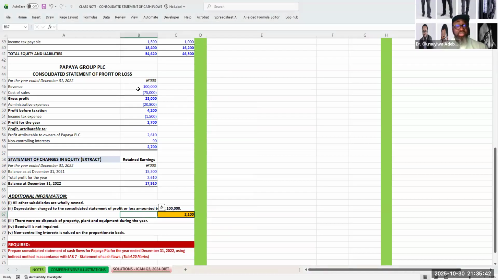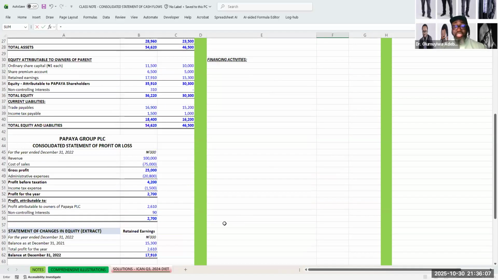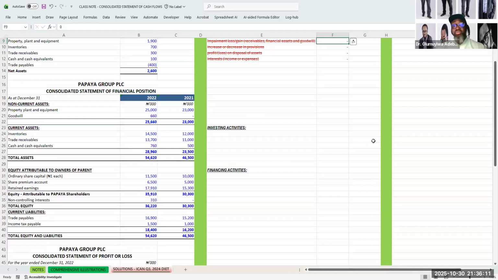Therefore, I can put all figures in thousands by referencing. Depreciation has been deducted before arriving at this profit before tax. Since it's not a cash item, I have to restore the profit to a position before such depreciation is deducted. Therefore, what I need to do is to add back the depreciation.